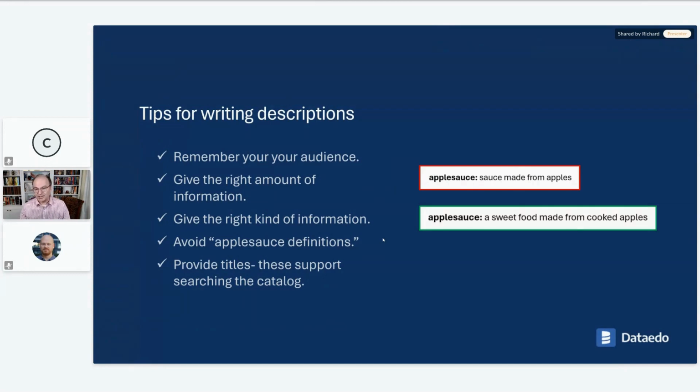Okay, this actually tells us something. We know that it's food, it's not wallpaper paste, and we know that you have to cook the apples to get it. The apples are cooked. They're not ground up, they're not mashed, they're not whatever. They're cooked. So this actually gives us information that tells us something about applesauce rather than just restating. So again, if you remember one thing from this part of this presentation, it's don't write applesauce definitions. Write definitions that are meaningful to your audience.